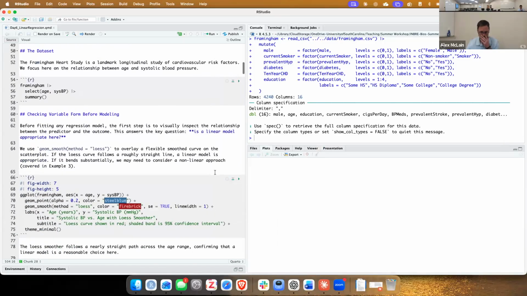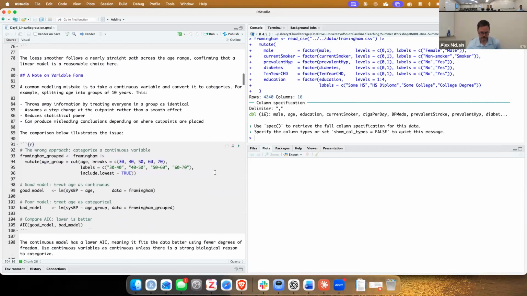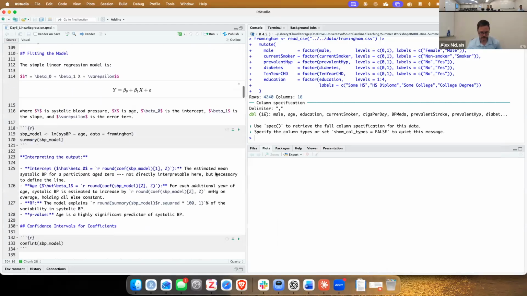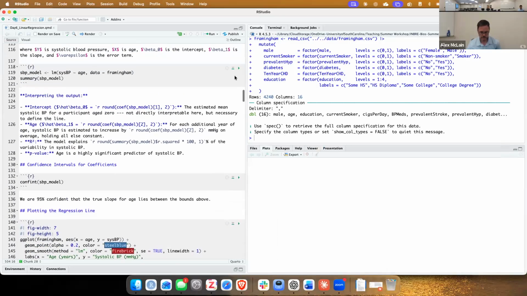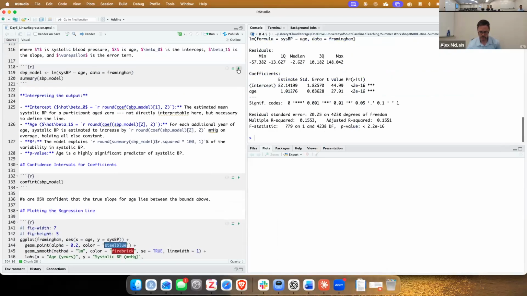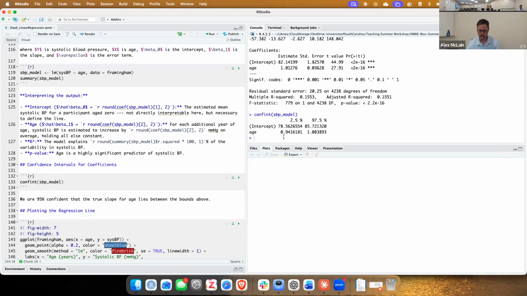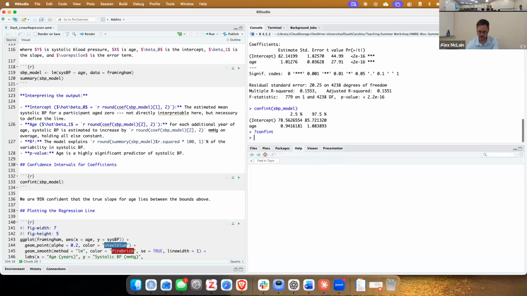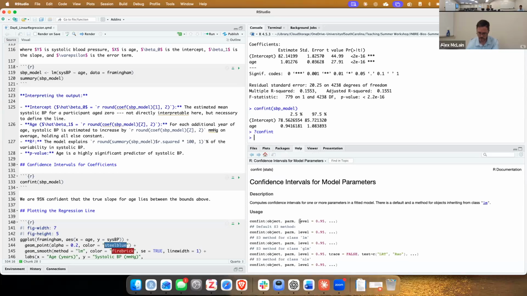Let's take a look. So I'm going to run down here. I'm going to run the model here, it's the linear regression model. Run this confidence interval part. Use question mark confint to see what the arguments are. So level. This is what we would use if we want to not give a 95% confidence interval, but something else.